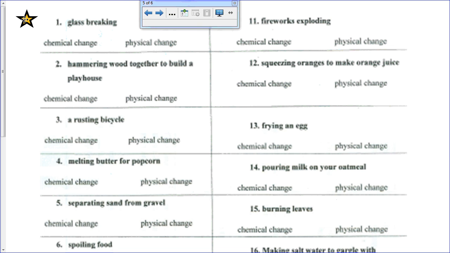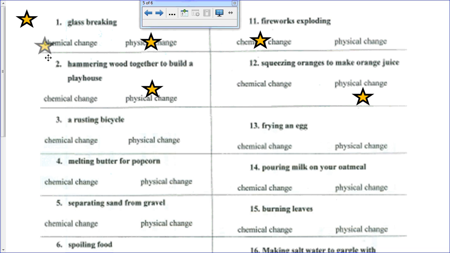Glass breaking is a physical change. Fireworks exploding is a chemical change. Hammering wood together to build a playhouse is a physical change. Squeezing oranges to make orange juice is a physical change.